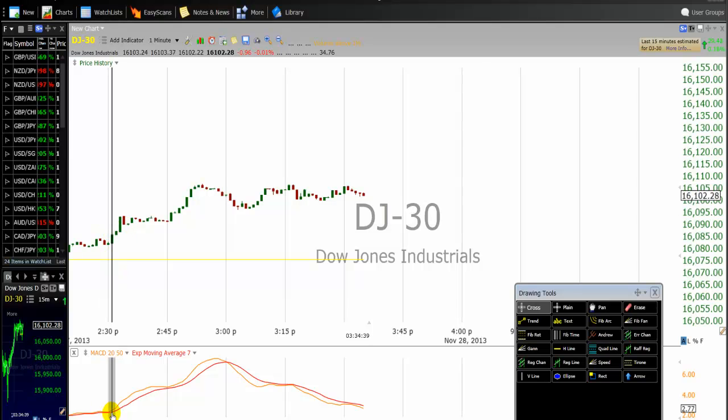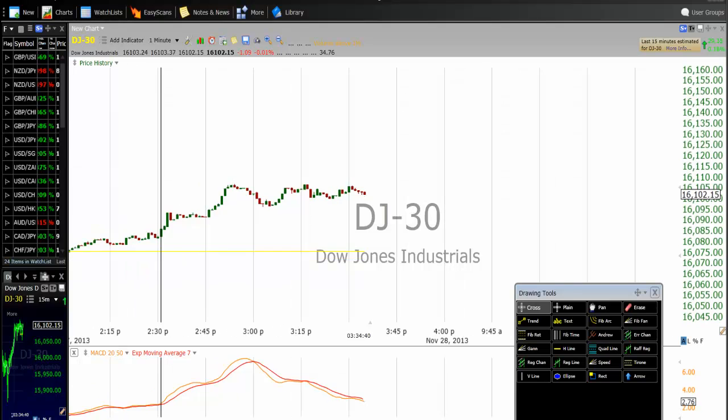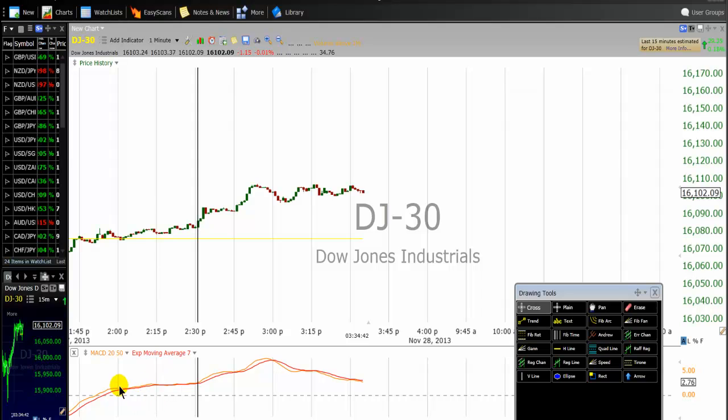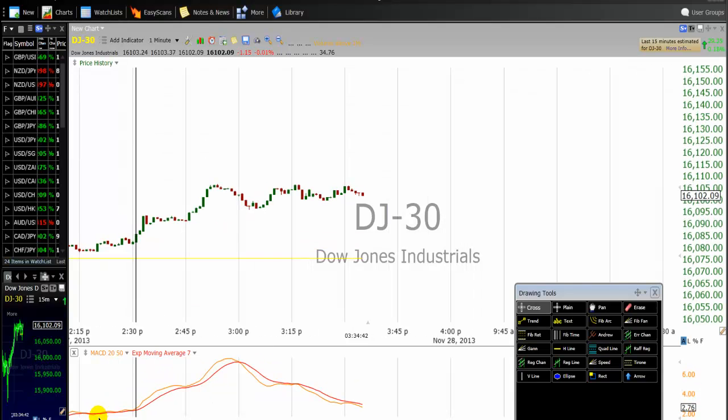You can do that to filter out false signals. Here, when MACD crosses above, you can see it was a bit messy. You may say when MACD crosses below the signal line, do not sell straight away. Wait until the second candle is also bearish. This will allow you to filter out false signals.